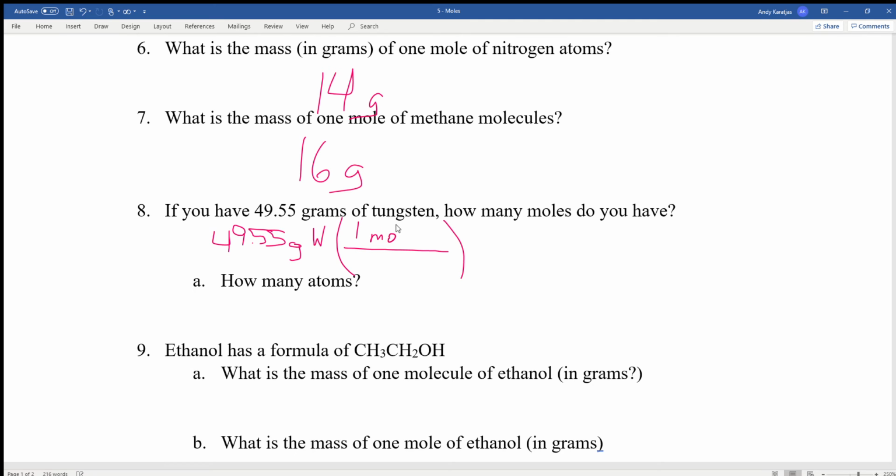1 mole is equal to 183.84 grams. Grams go on the bottom, so we can cancel. And if we calculate that, we get 0.2695 moles.